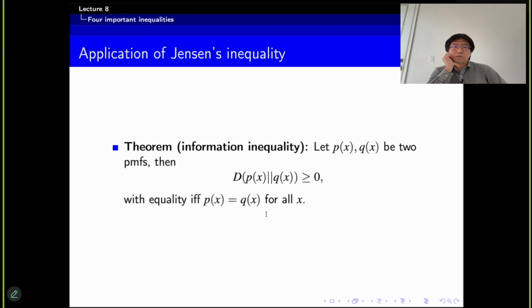One direct application is that we can prove the relative entropy between P and Q is bigger than or equal to 0. We directly use Jensen's inequality to prove that, and the equality holds when P and Q are equal. That's what we covered in our last lecture.